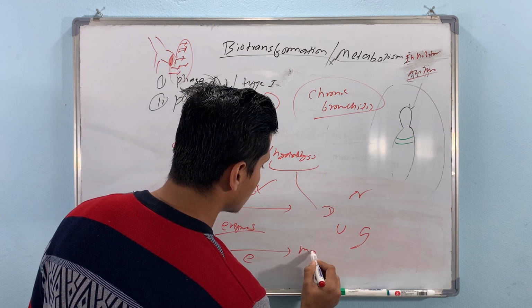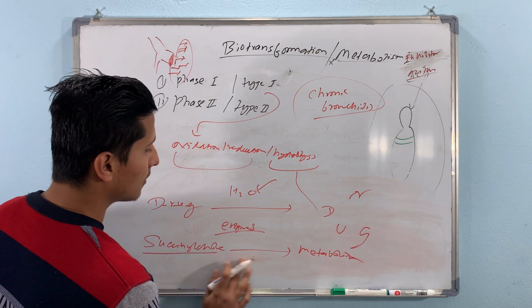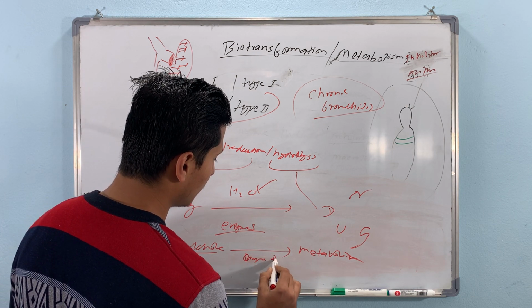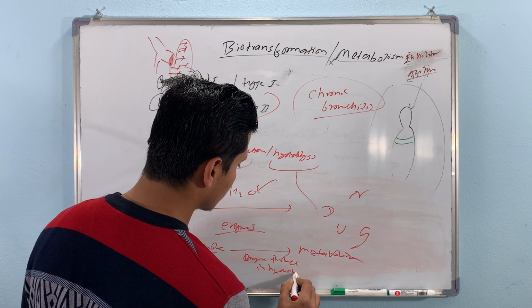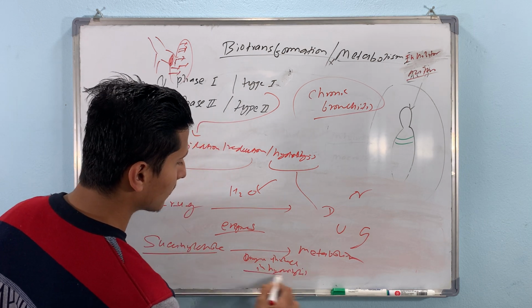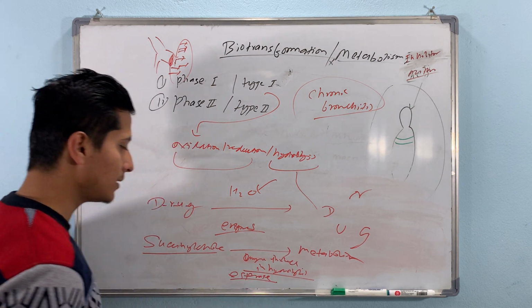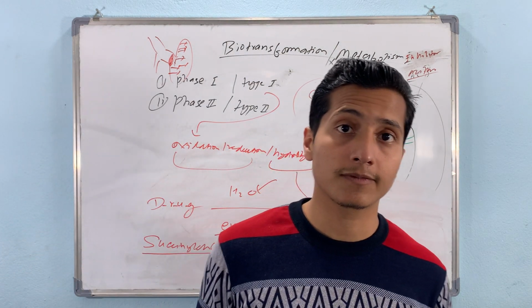It gets converted into a metabolite, and the enzyme involved in this hydrolysis is called esterase. This esterase enzyme helps the succinylcholine to be broken down into a simpler form.